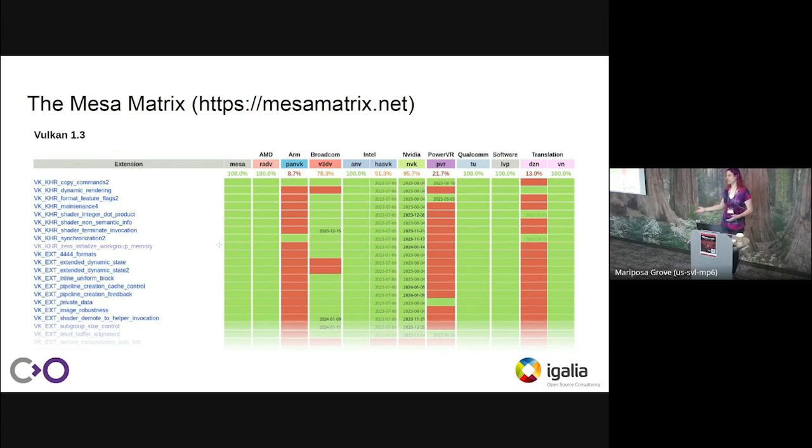What work do I have yet to do? This gives me a quick overview. It can also be useful for developers if they're trying to target Linux to know what can I actually assume is there. There's gpuinfo.org, which is another fantastic resource that has more detailed information because it's got every single Vulkan property and anything you want to know. But if you're just looking at kind of a 1,000-foot view of what features are where, we have this.